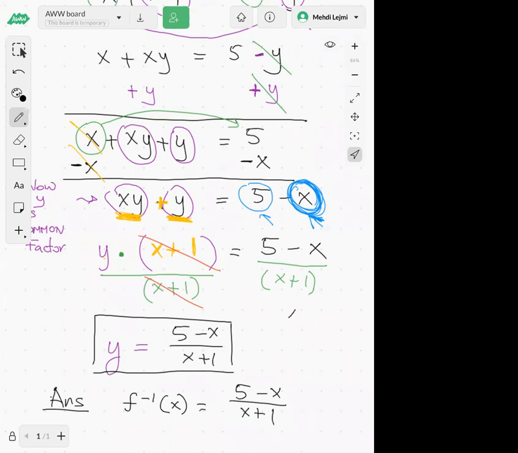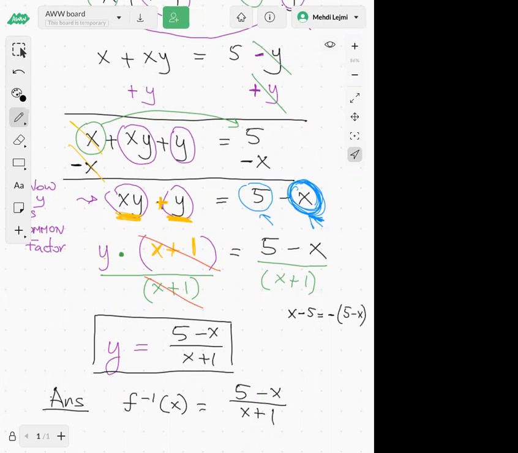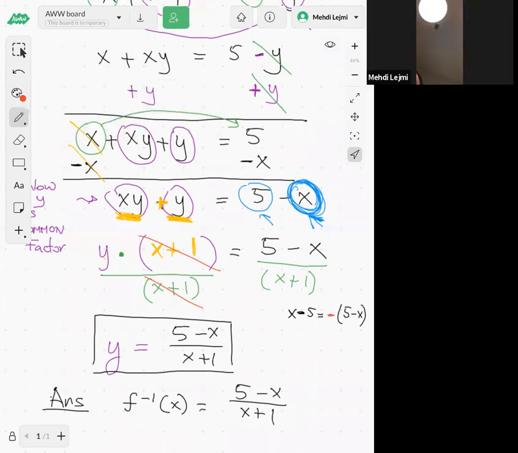It's not the same thing. X minus 5 will be the opposite of 5 minus x. Oh, okay. Yes, they are different, of course, because here's my minus 5, and then minus x will be plus x, this plus x here. So x minus 5 is the opposite of 5 minus x.